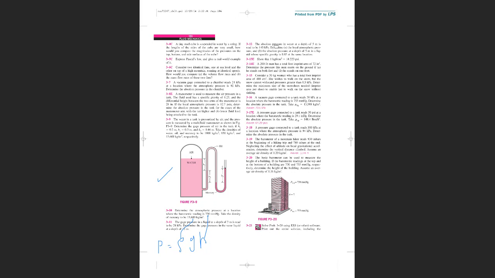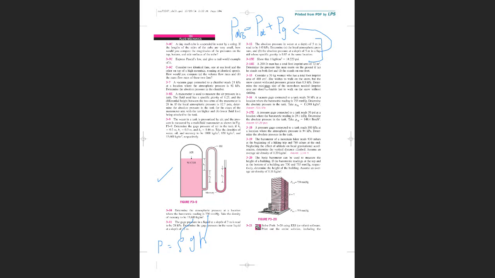Question 12. The absolute pressure in water at a depth of 5 meters is 145 kPa. Determine the local atmospheric pressure. Now, P absolute is equal to what, guys? P atmospheric plus P gauge, right? This question is about this relation. Straightforward.